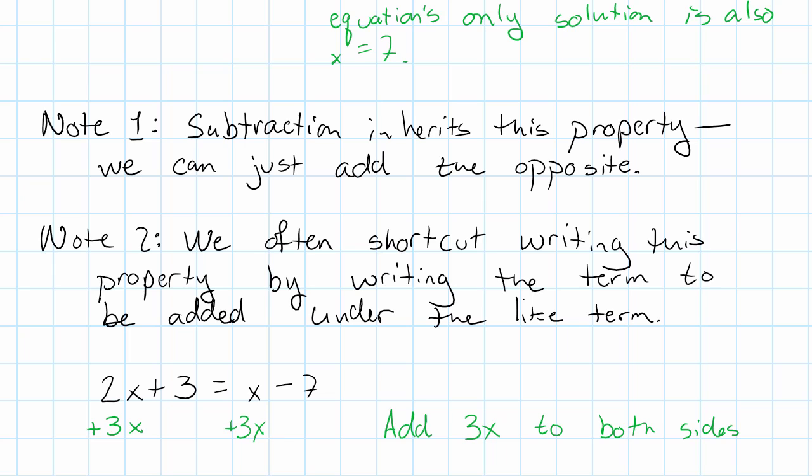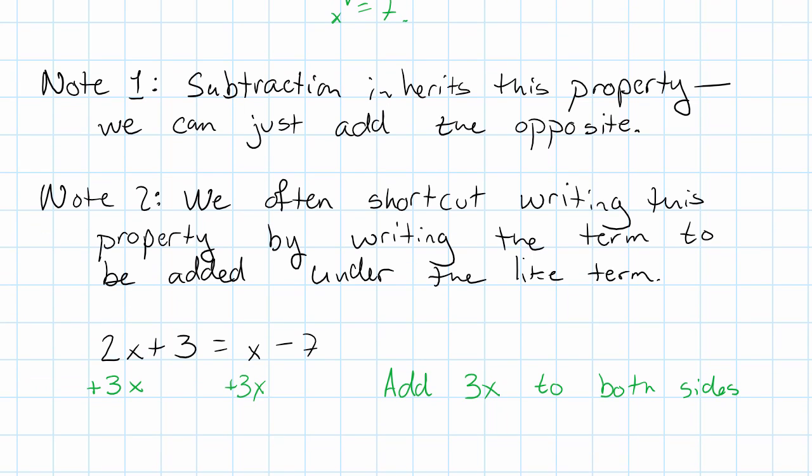And we'll write a plus 3x on the right-hand side, also underneath the x term, because that's what we want to combine it with. And then we'll actually carry out the addition. 2x plus 3x is 5x. There's nothing to be combined with 3, so that stays. x plus 3x is 4x. There's nothing to be combined with the 7, so that stays.